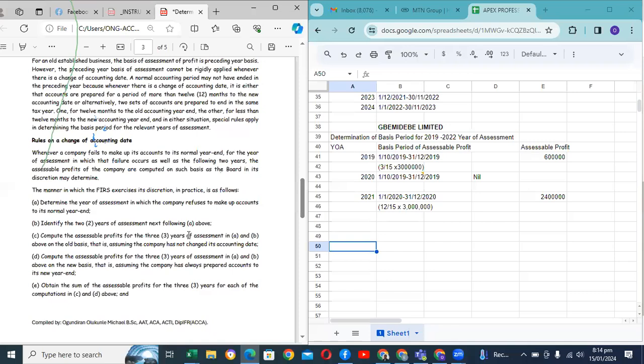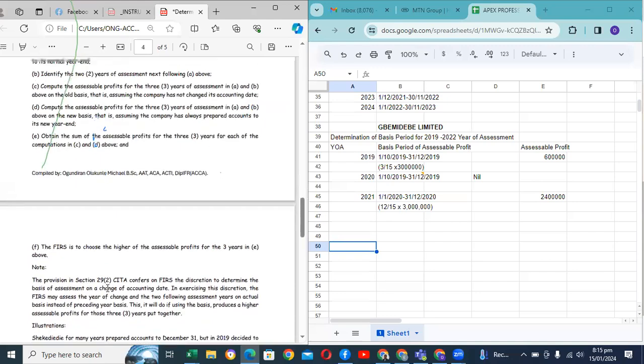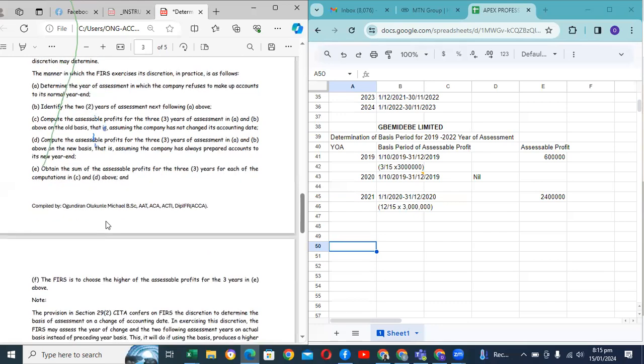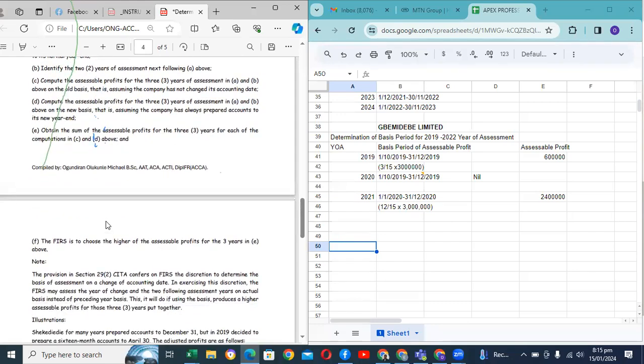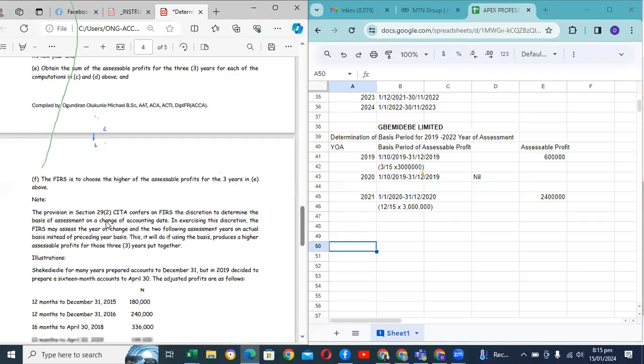Then you add step 4 and step 5 separately, and select the higher of the 2 dates. You select the higher because it is the tax authority that has the liberty to select, and the tax authority will definitely select the higher of the 2. Is that clear, everyone? Yes, sir. Good. So let's go ahead.